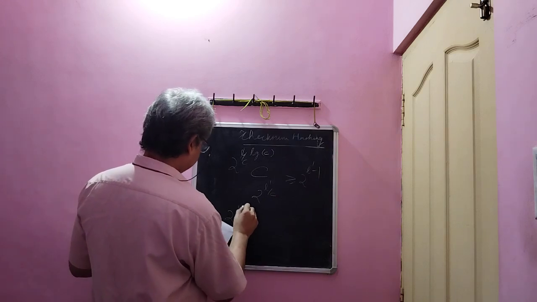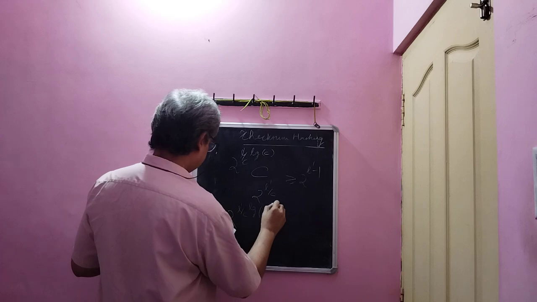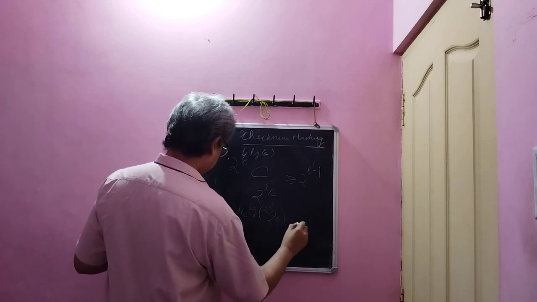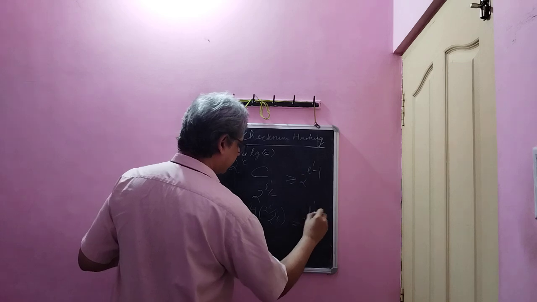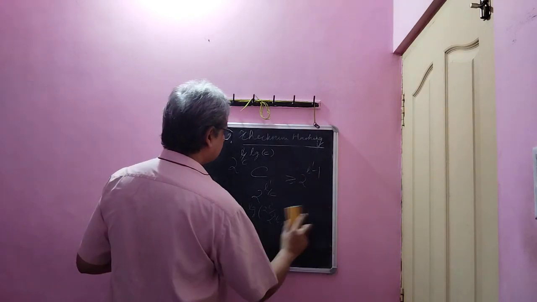2 power L dash by C log 2 power L dash by C must be greater than or equal to 2 power L dash minus 1.